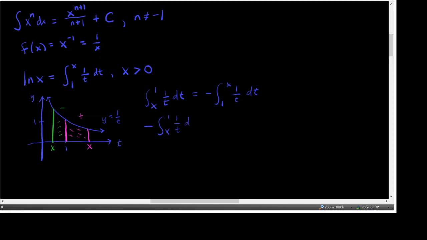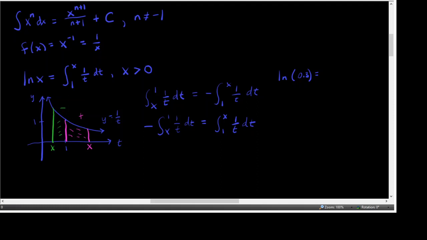Because the integral from x to 1 going from left to right is positive, and then putting that negative sign in front of it means that any answer where x is less than 1 but still positive, the natural logarithm of that number will be negative. You can test that out pretty easily. Just go to your calculator and type in the natural logarithm of some number between 0 and 1, like 0.3, and see what you get.